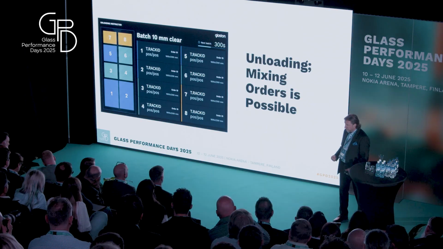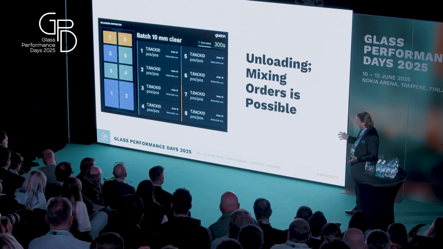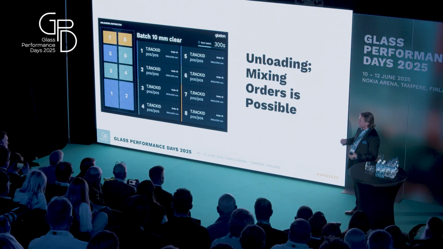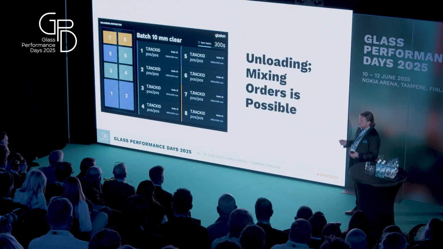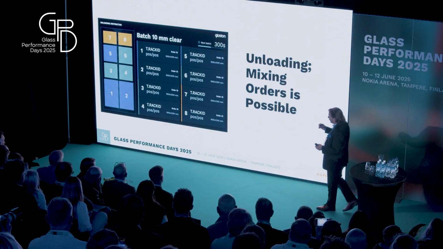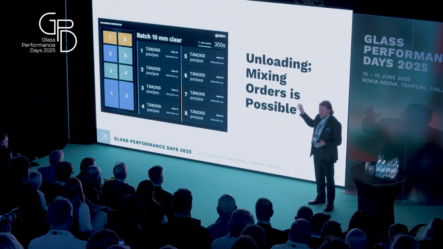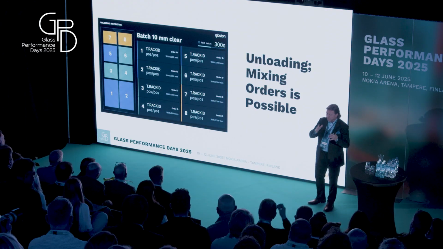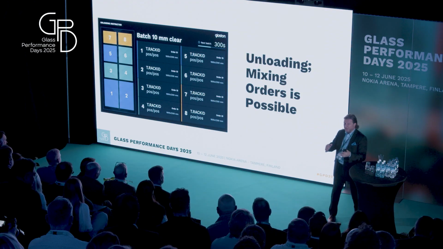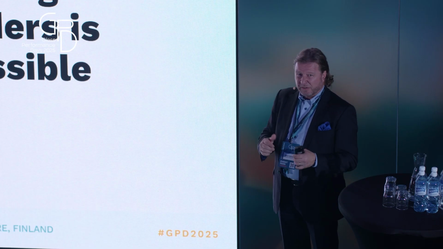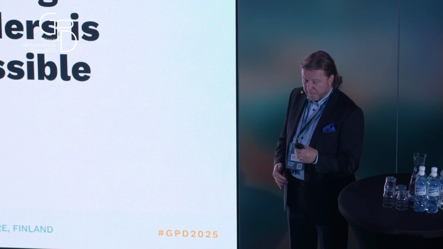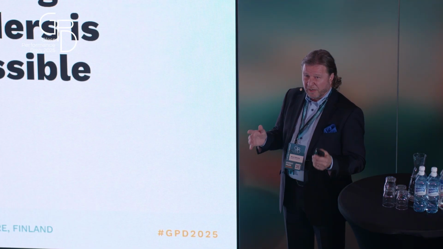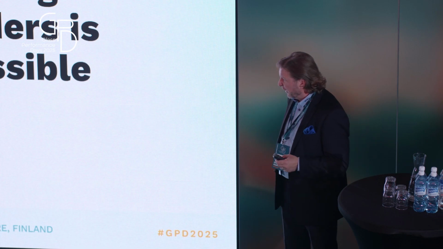And now when you mix the orders, then it is naturally important that you also see at the unloading end which order belongs to which glass rack, or which order they need to be put to the conveyor, whatever the unloading is. So this information is available once the loading information is available.